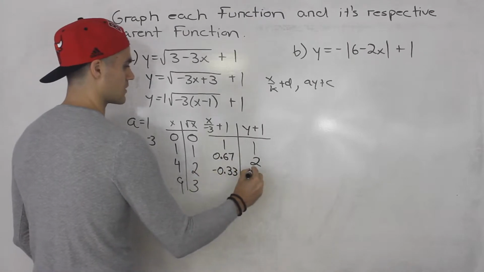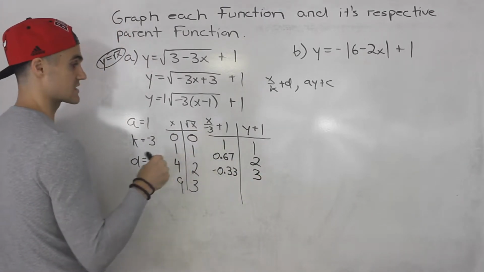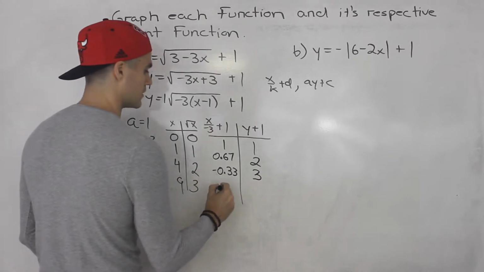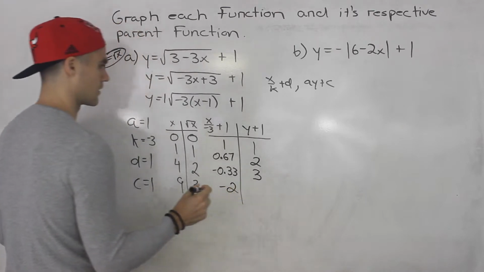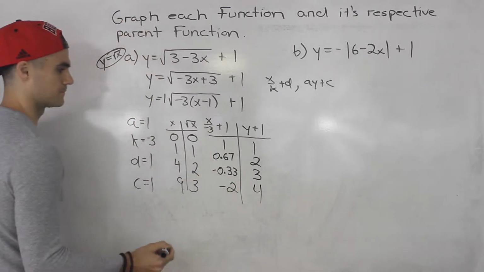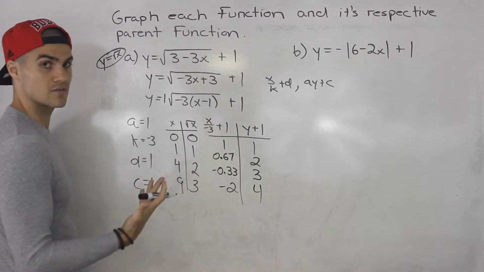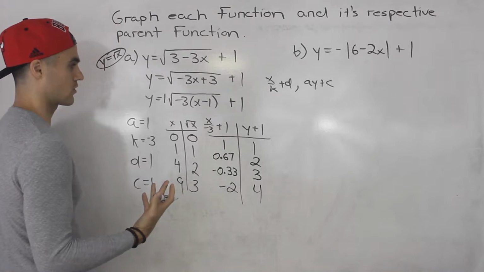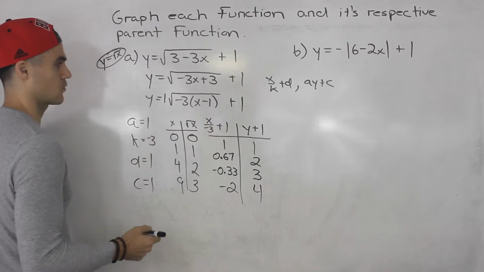And then 2 plus 1 gives us 3. 9 divided by negative 3 gives us negative 3, plus 1 gives us negative 2. And then 3 plus 1 gives us 4. So right there, those are the transformed points for the function that we are working with.